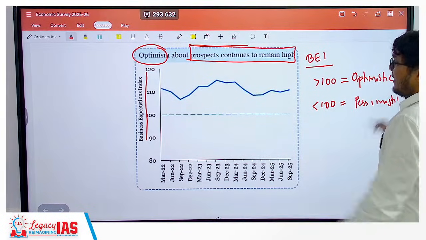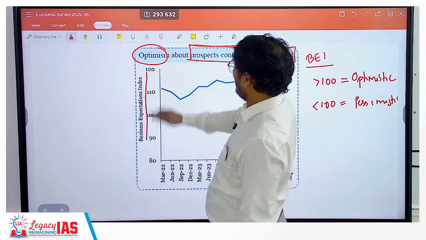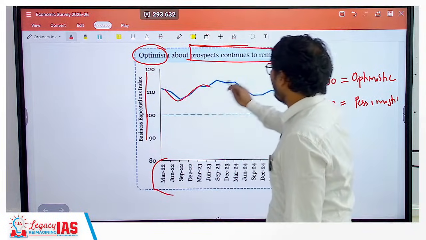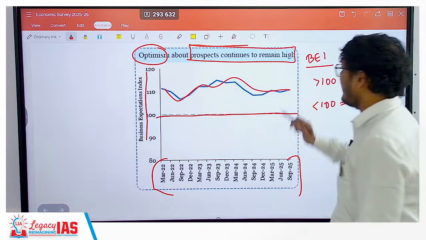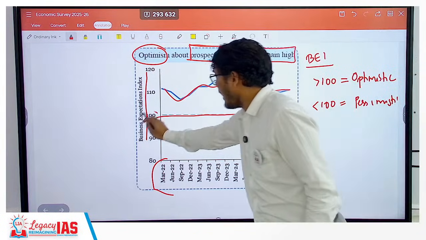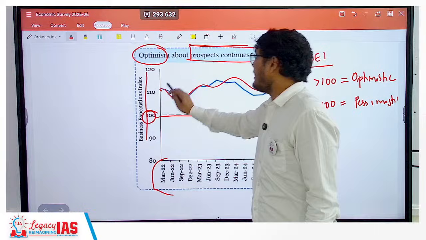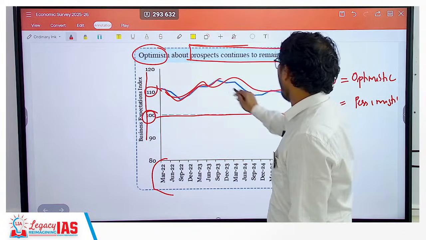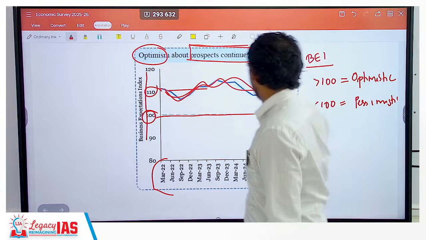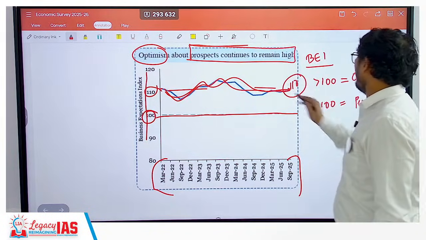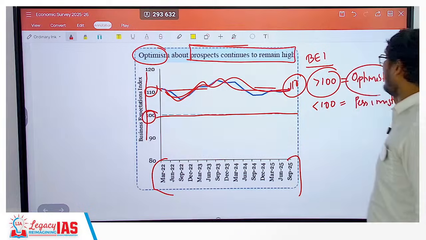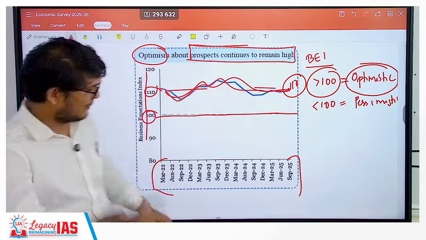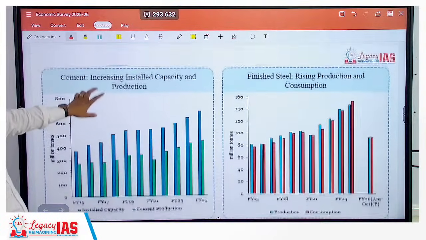So if you look at it, our business expectation index has been optimistic because this is the 100 unit line. So we have been above 100, 110 here, and here also we grew, and we are again stable at around 110, which is more than 100. So the prospect of our industrial sector is actually optimistic. Okay, so that's a good thing.